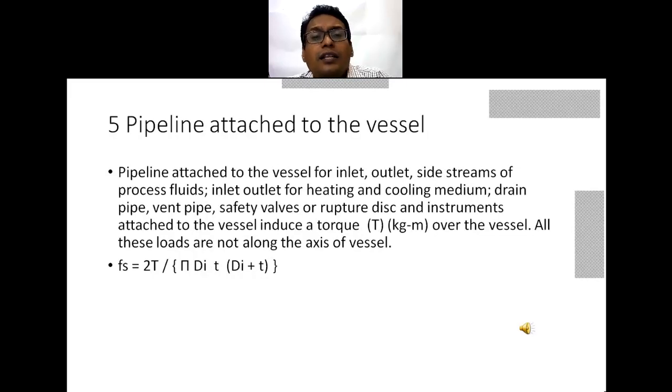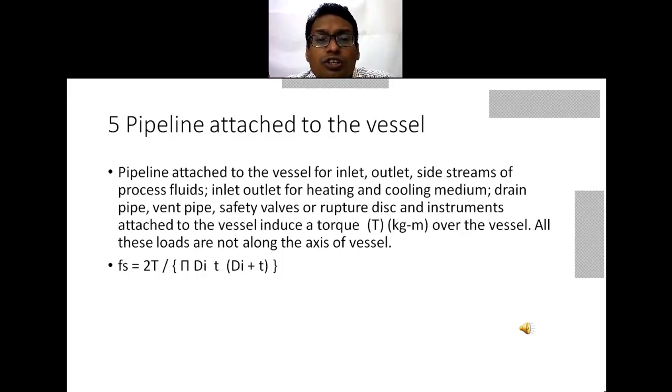Then there are different attachments to the vessel. These attachments are also going to create a torsion. As we have already discussed, the different attachments available on the vessel for the pipeline fittings are going to create a torsion in the vessel.